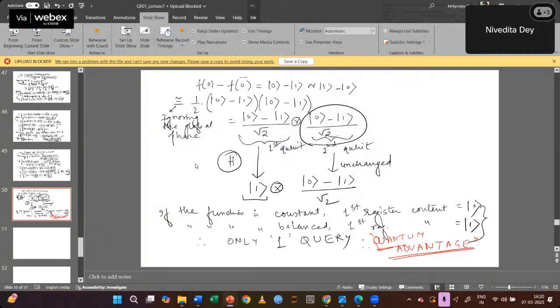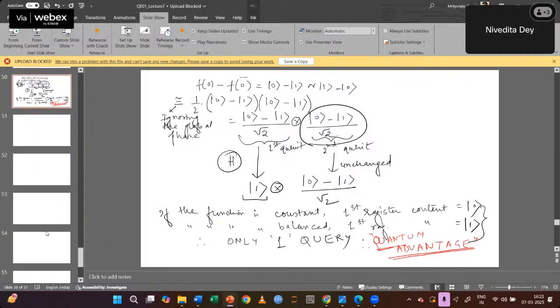We will understand the problem statement for the extended problem. Also, we will see the number of queries, or the complexity, of the extended problem with respect to classical computing. We'll look into that. Okay.